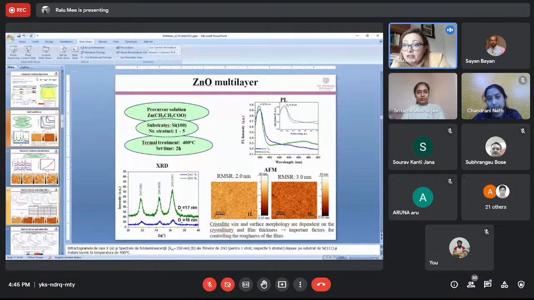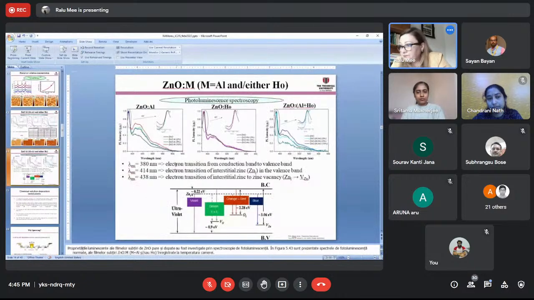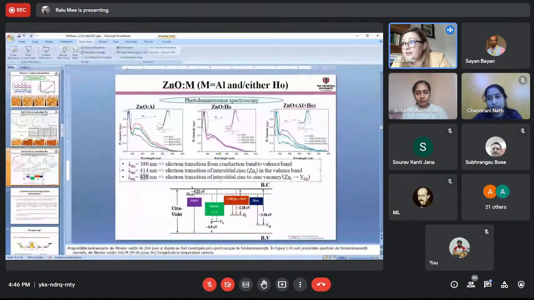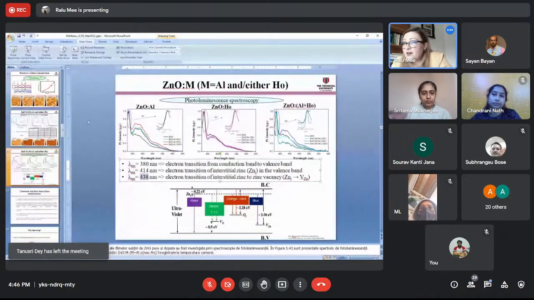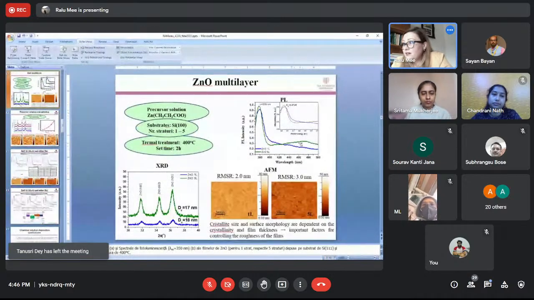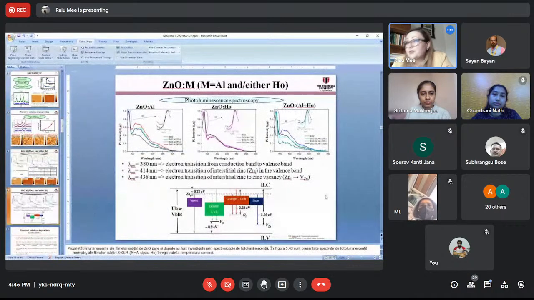And if we look at the 418, 380, these defects which we can observe somewhere here are related to defects in the structure.